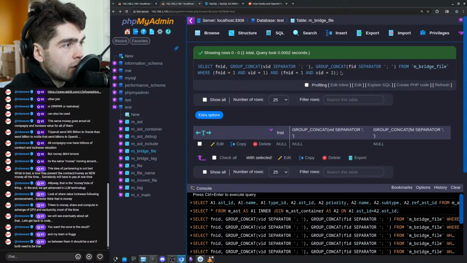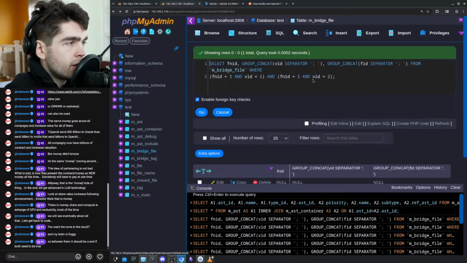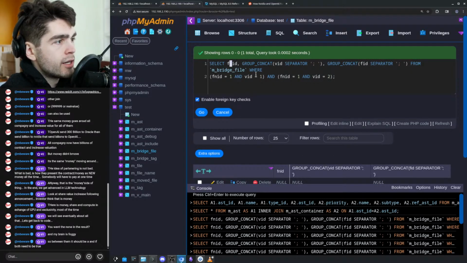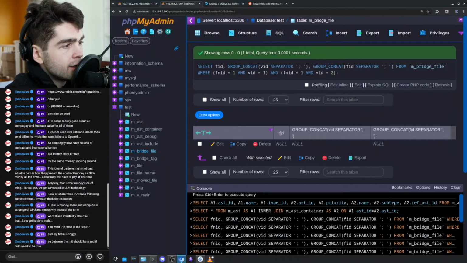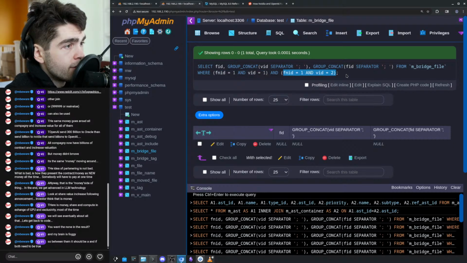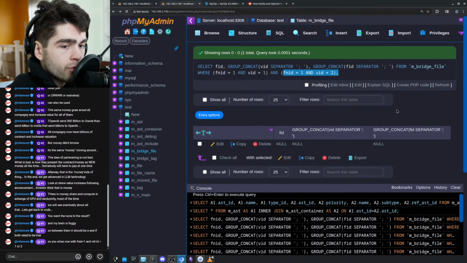So how do I find the FID? I guess maybe what I should write is this, right? How do I find the FID with this value that is true and this value that is true on two different rows?